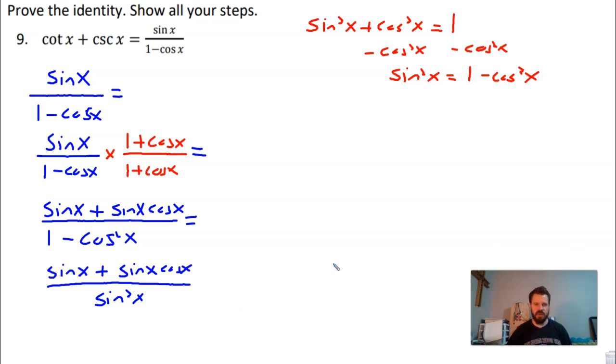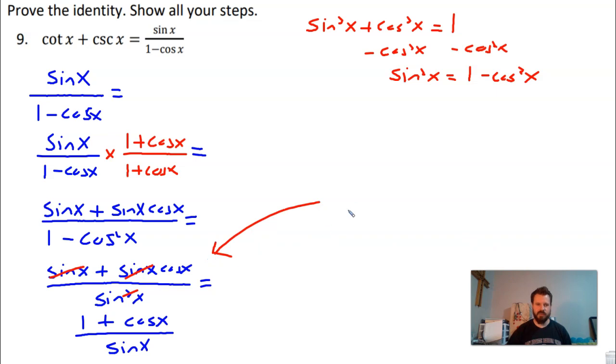From here, since I have sines in both terms on top, I can cancel those sines out with the sine squared on the bottom, leaving me with 1 plus cosine x over sine x. And that part's a little tricky. Both sines here don't cancel. It's canceling with the single sine on top and bottom.